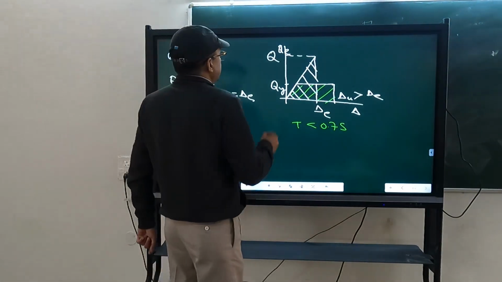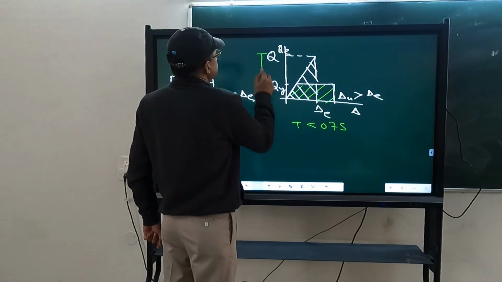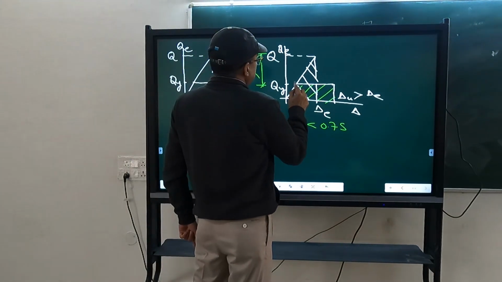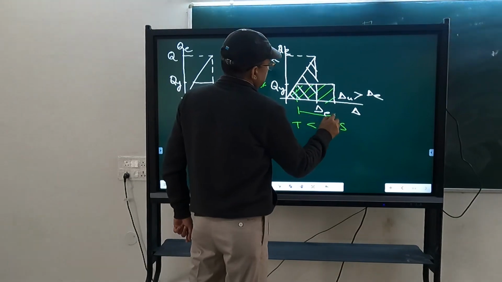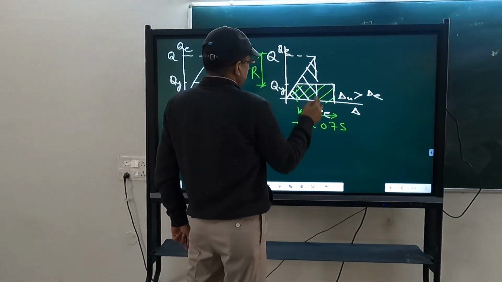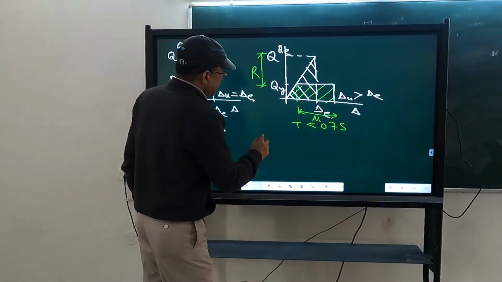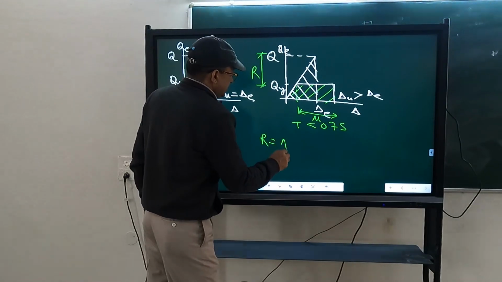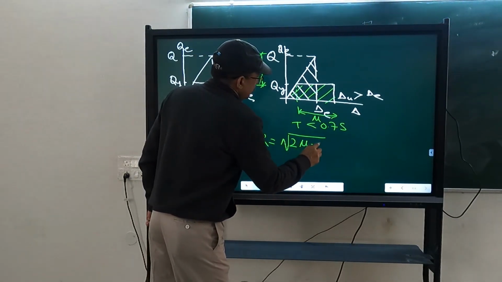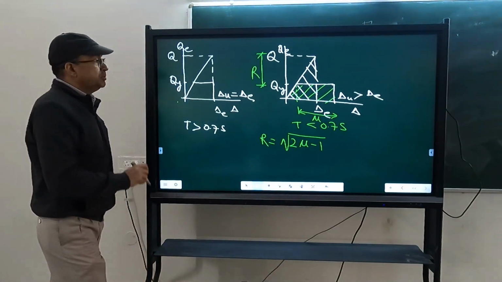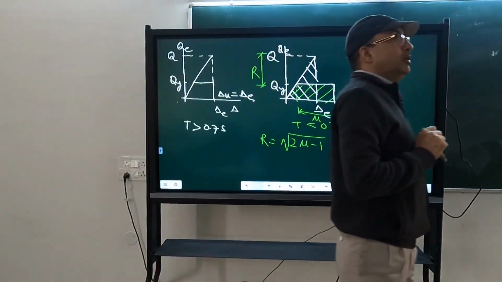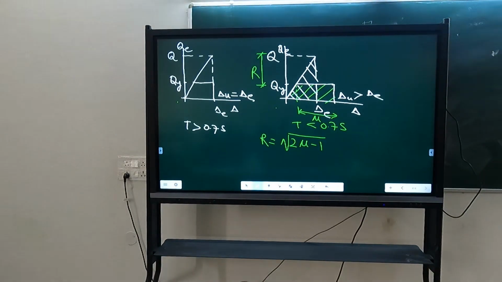Okay, and I also give you that this is R ratio. Not the distance, ratio of these two. The ratio of these two is giving you the mu, and R is equal to square root of 2 mu minus 1. This is the equal displacement principle, this is the equal energy principle. The equal displacement principle is valid for long period structures, and the equal energy principle is valid for short period structures. This we have done in the last semester.